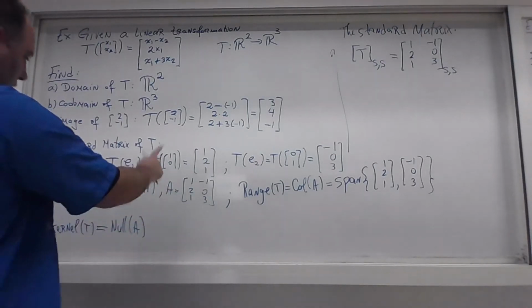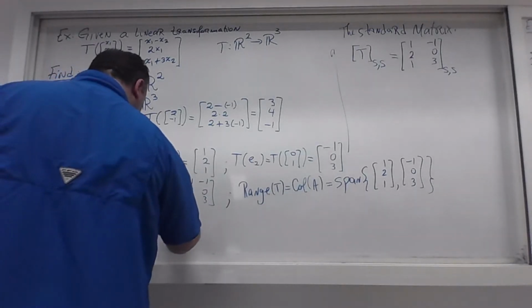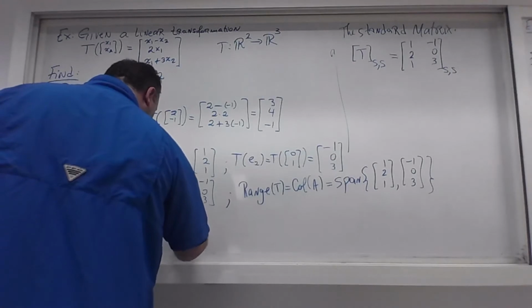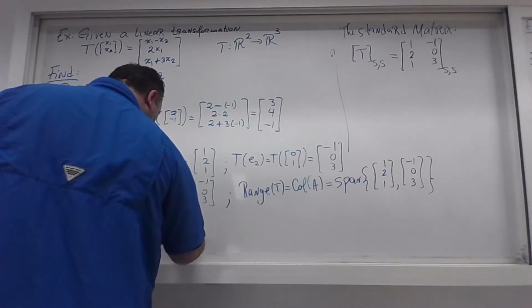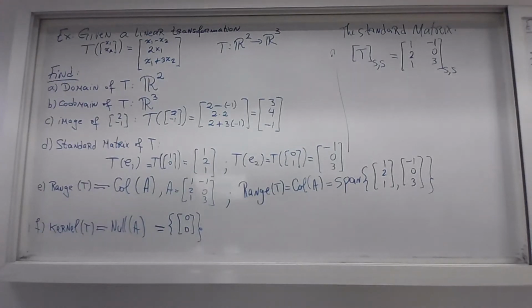When I do the work, you can find the null space of A, and you'll find that it is only vector 0, 0. So that's straightforward, all of these computations.